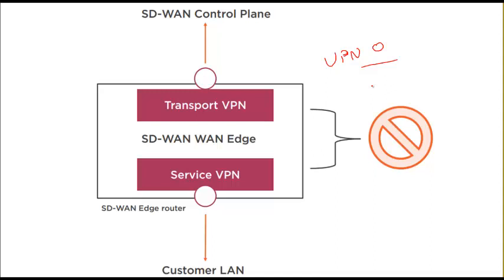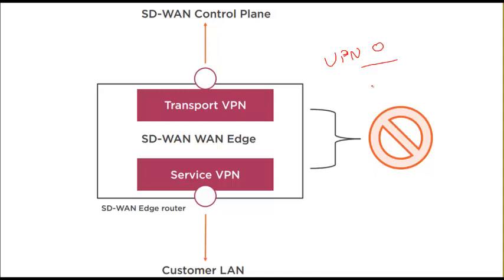Likewise, to bring up the SD-WAN overlay, we have got a VPN 0 that is given as a transport VPN, reserved as a transport VPN. So VPN on the service side will contain the interface that connects to the local network.